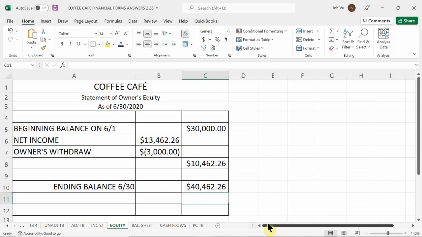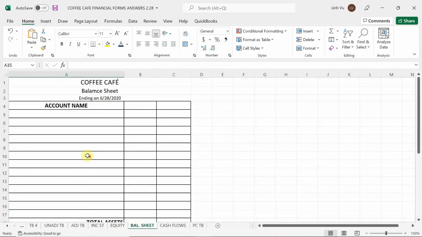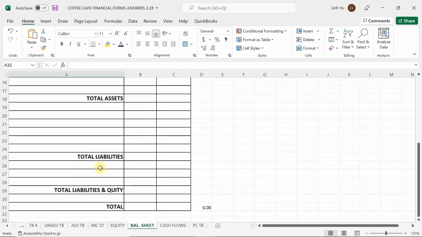Okay? Now the most important thing about solving for your new equity is now we can complete our balance sheet because we know what my owner's equity is, right? So total liabilities, okay? So that means I have owner's equity, right?